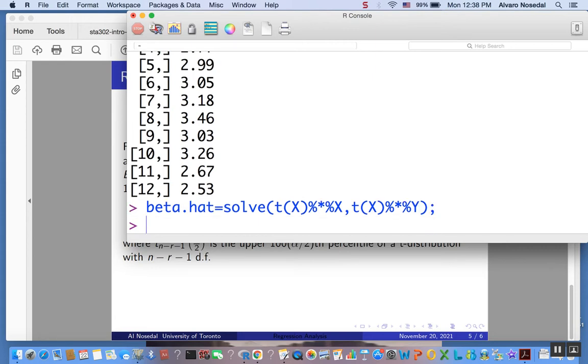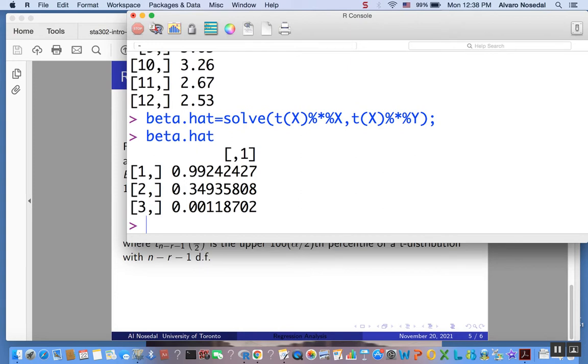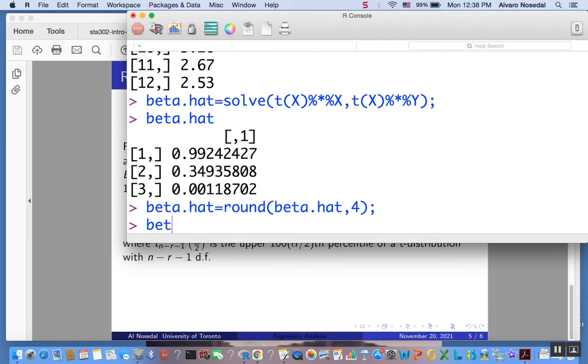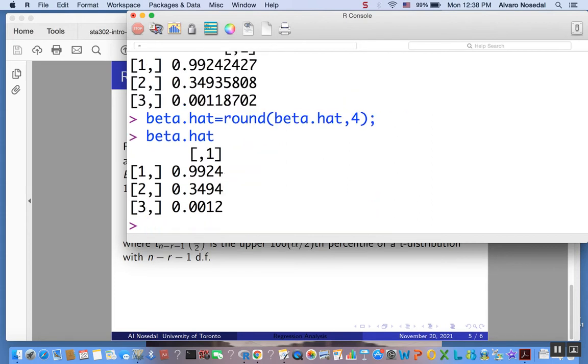Now, let's see. Okay, looks good. How about we just round this to 4 decimal places? Okay.